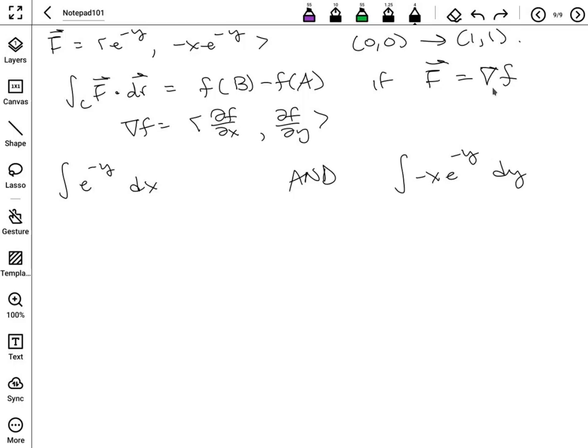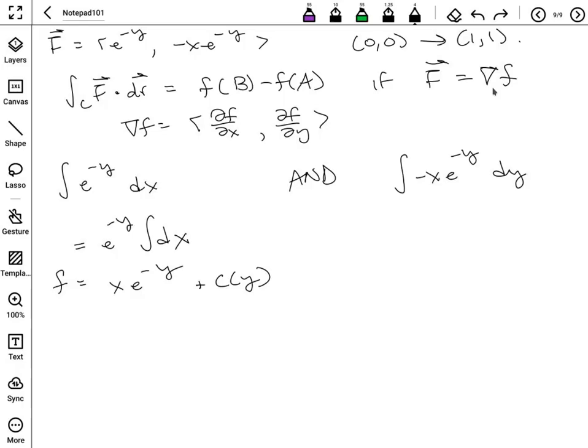When I evaluate this first integral, e to minus y is a constant as far as x is concerned. So it's actually just the integral of e to minus y dx. That's x e to minus y. And so it's possible that my function is x e to minus y, except there could also be some constant that depends on y.